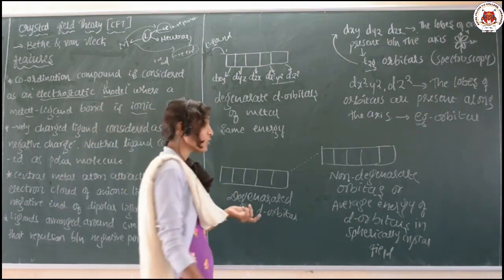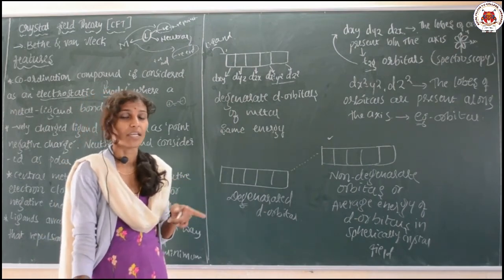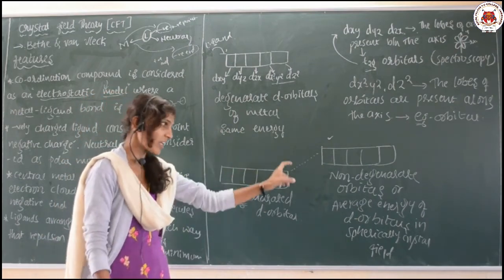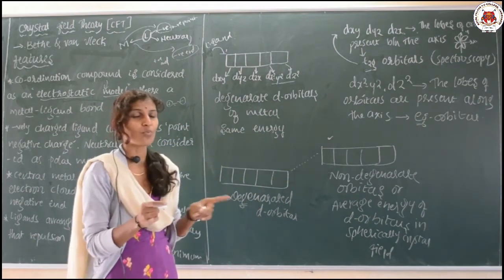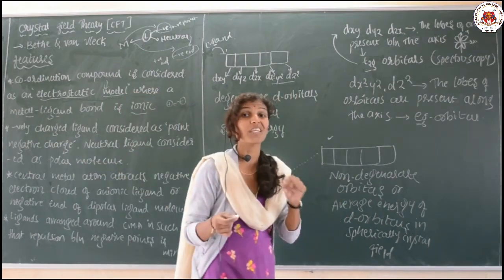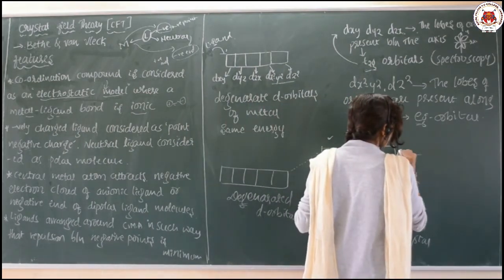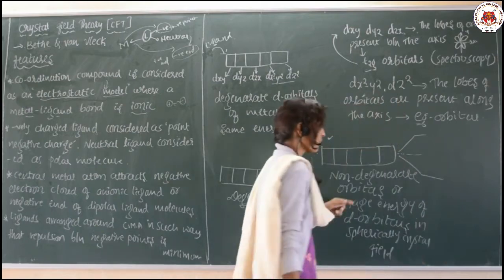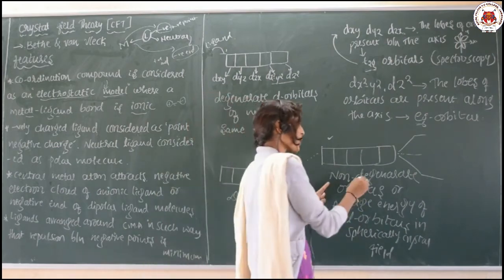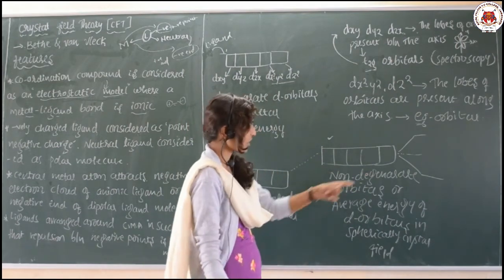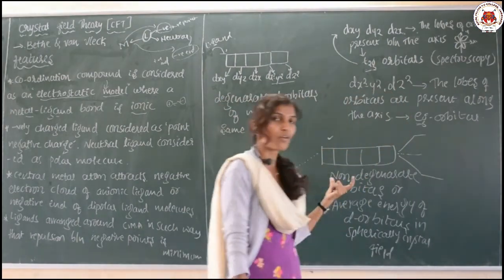It means now these d orbitals do not have the same energy. So when the ligand starts to approach, a splitting of these degenerate orbitals takes place. Now you know this consists of the T2g as well as eg. There is a splitting of these non-degenerate orbitals due to the influence of the ligand.